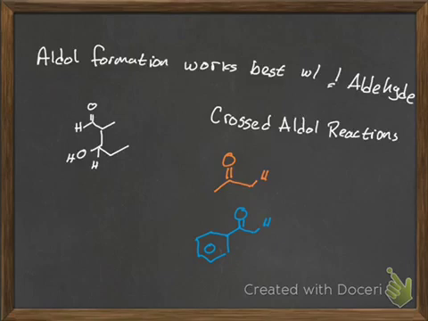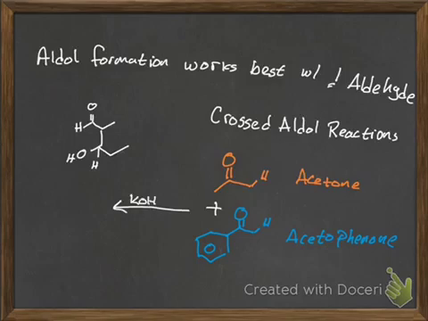So let's say you have an even mix of these 2 ketones, acetone and acetophenone. We've got a 50-50 mixture of both of these with, let's say, KOH and water for our bases.